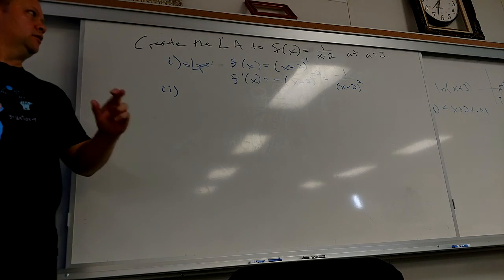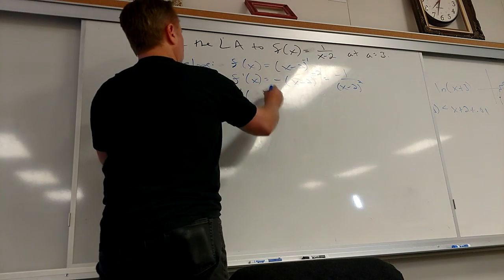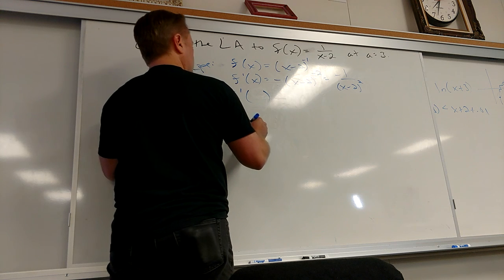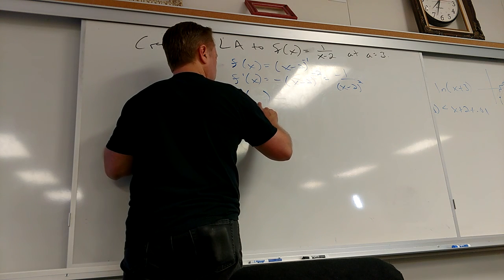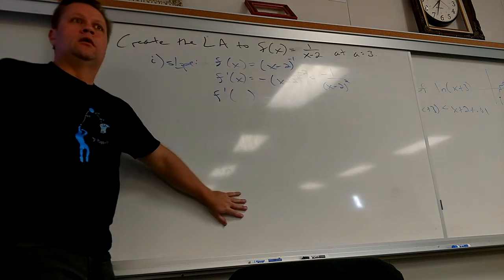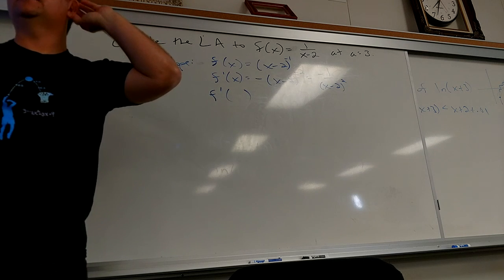Okay. So what's the slope that I want? What do I put in there? What do I put in this? All of you guys.